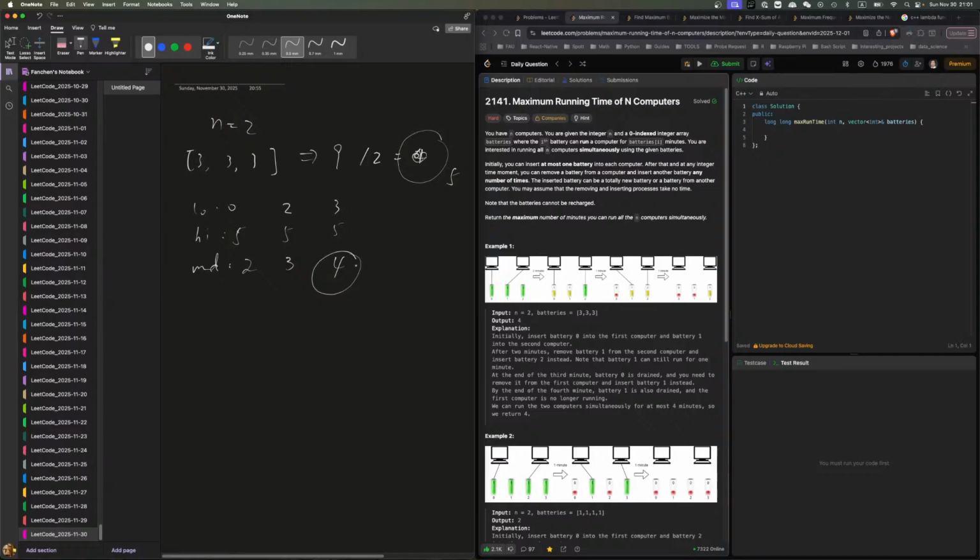And then each battery, and we can swap them any number of times. So what we want is to have at least n number of batteries available, right? That's what we want. We have n number of batteries available, we're happy.